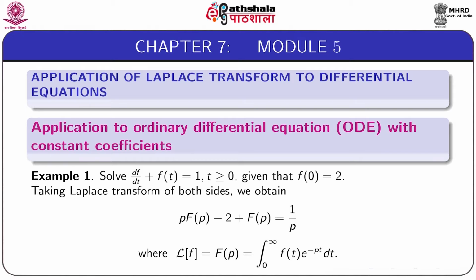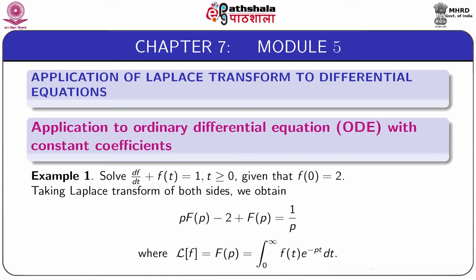And this gives p F(p) minus 2 plus F(p) equal to 1 by p, where capital F(p) is the Laplace transform of small f, which is equal to integral from 0 to infinity f(t) e to the power minus pt dt.